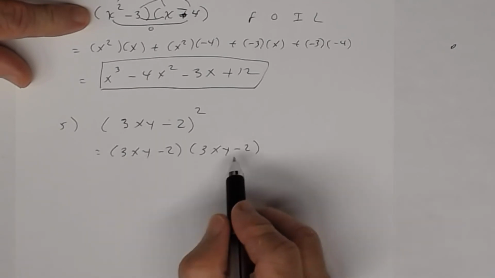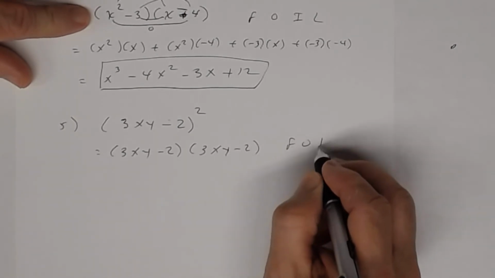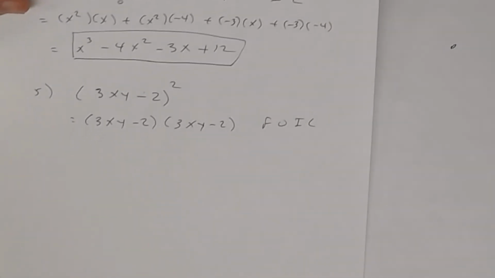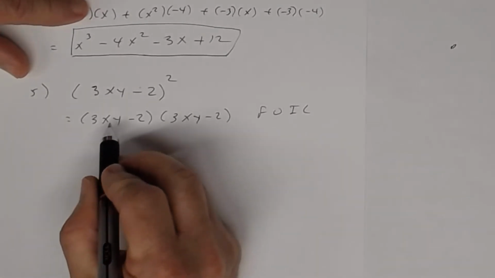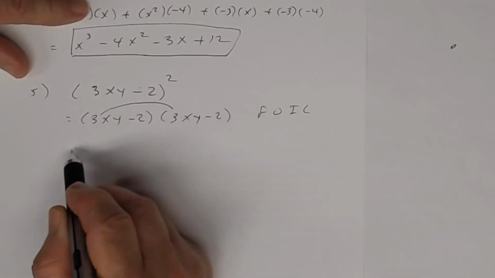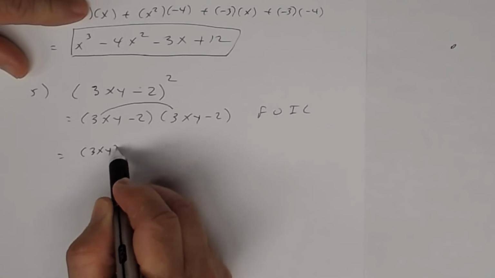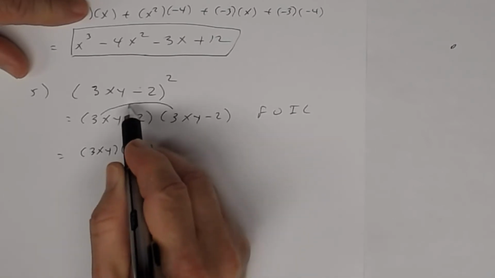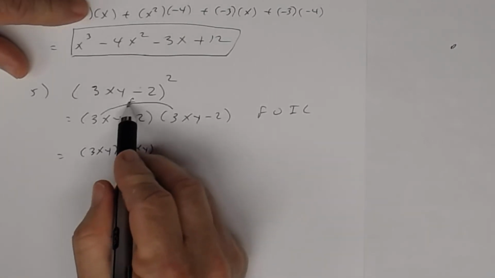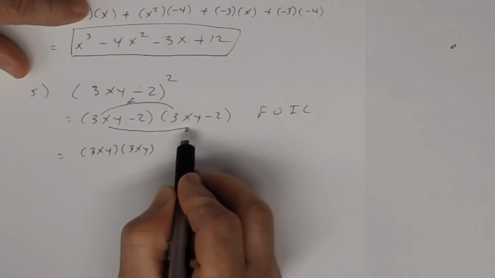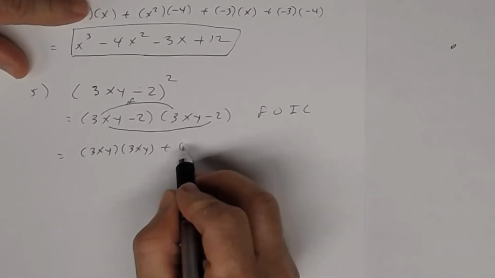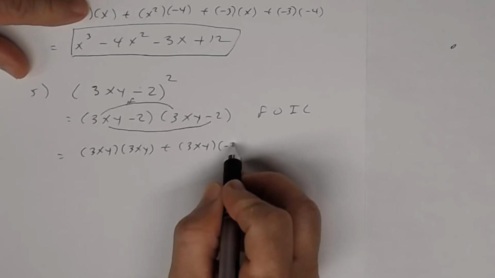And so notice I have two binomials being multiplied together, so I can still use the FOIL method if I want to. So first times first: 3xy times 3xy. That's a first. The outer, terms on the outside, you have plus 3xy times a negative 2.